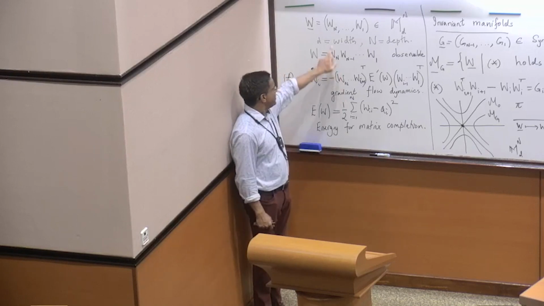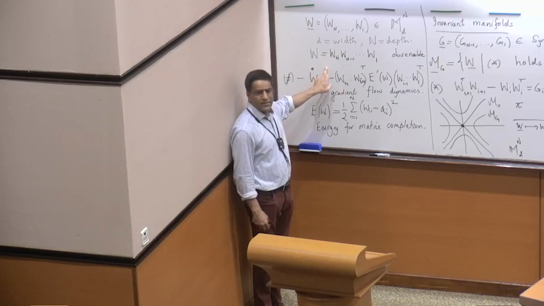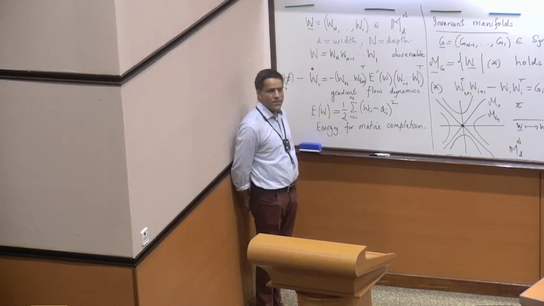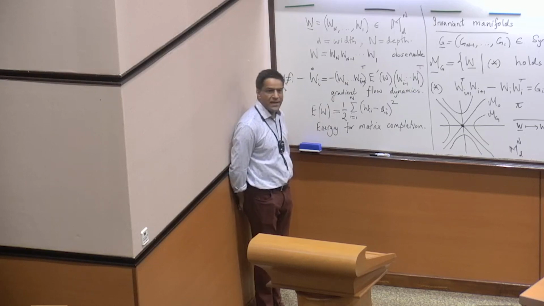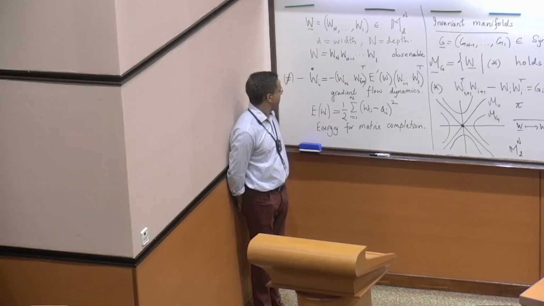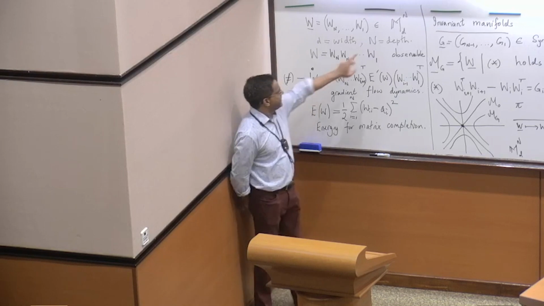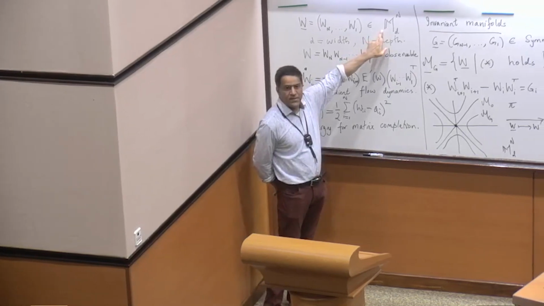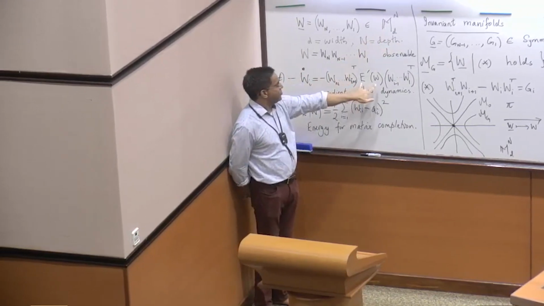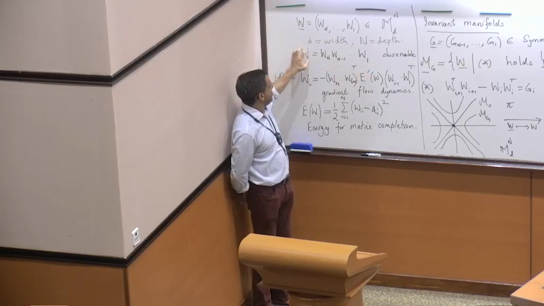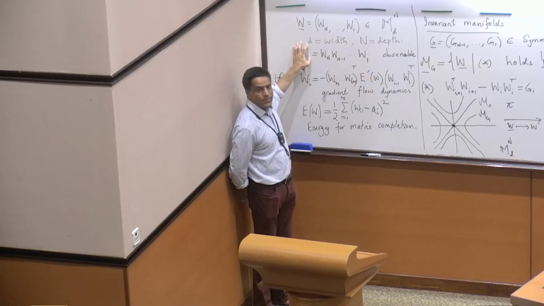Okay, so what we're doing is gradient dynamics. Just to remind ourselves, when we're doing gradient dynamics, we have to have a state space, an energy function, and a metric. The state space is what I just stated, the space of all these matrices. What's interesting is that the energy function depends only on this observable.